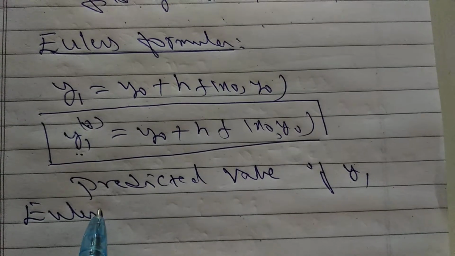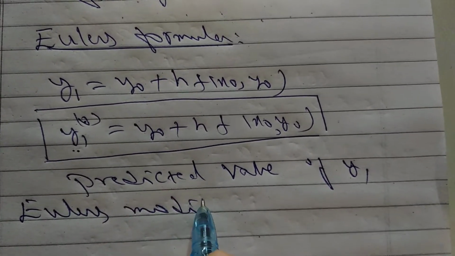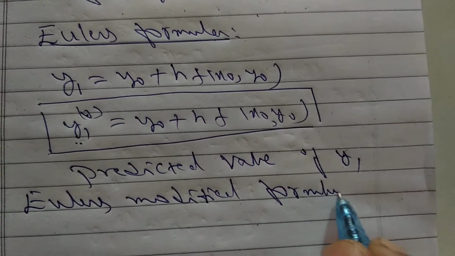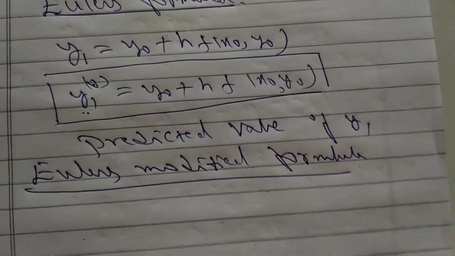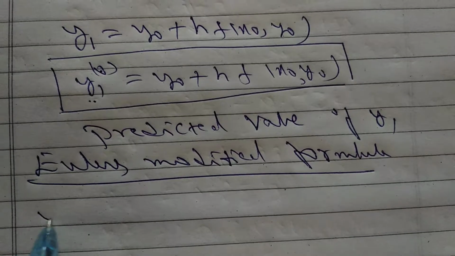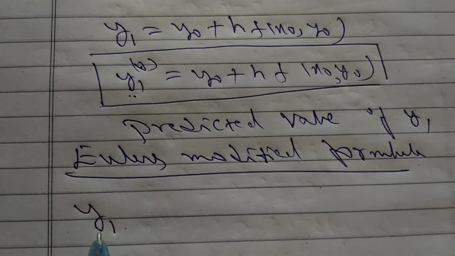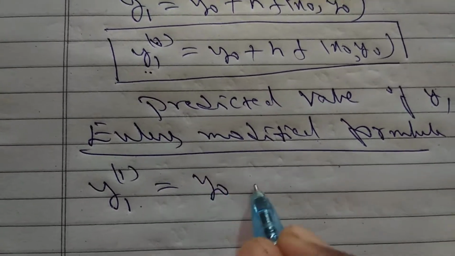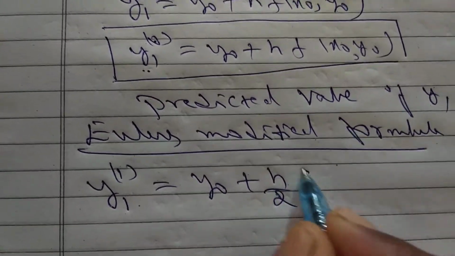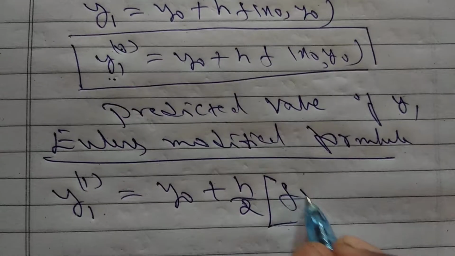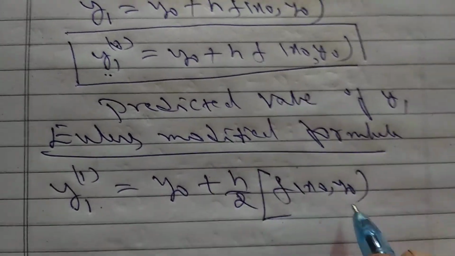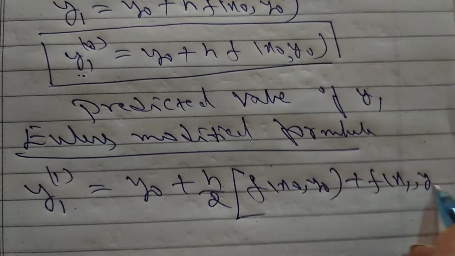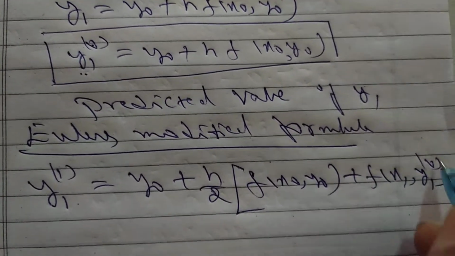Euler's modified formula. So what is Euler's modified formula? In the first iteration, y1 to 1 is equal to y naught plus h by 2 into f of x naught comma y naught plus f of x1 comma y1 to 0.